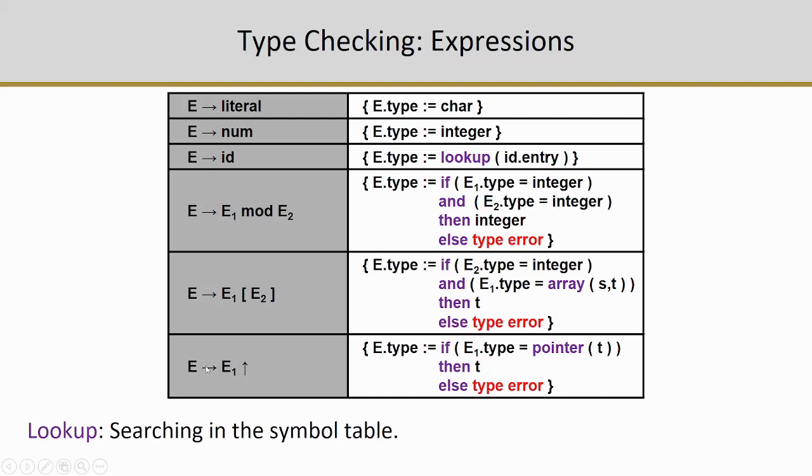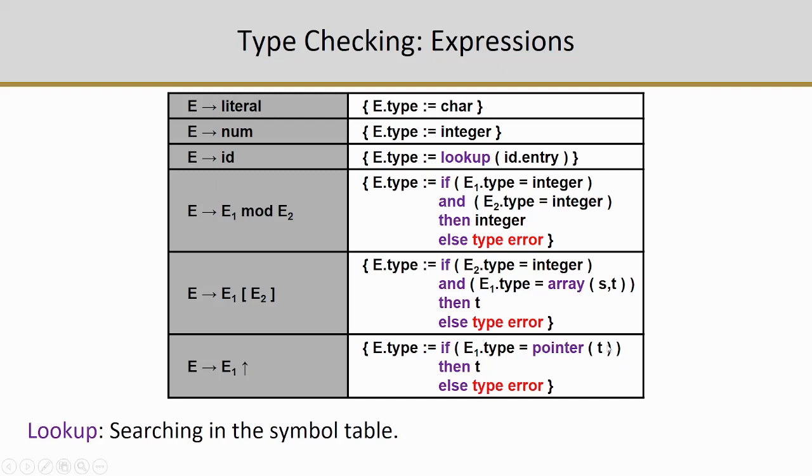And similarly, E upper row is the value pointed by a pointer, and in this case we assume that A1 was declared as a pointer, and then the type of A upper row is the type of the value the pointer points to.